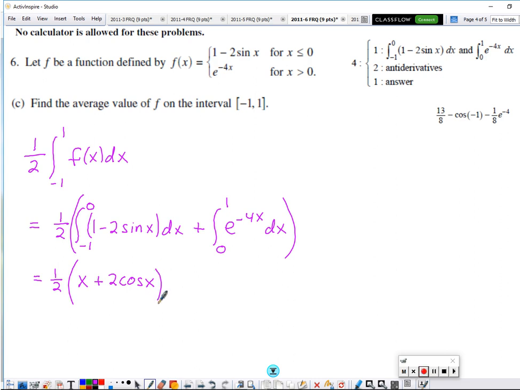That needs to be evaluated from -1 to 0. And so I need another parenthesis, so I know it's 1/2 times all of it. Plus, see, ax plus b rule. So 1 over -4 e to the ax plus b from 0 to 1, close parenthesis.